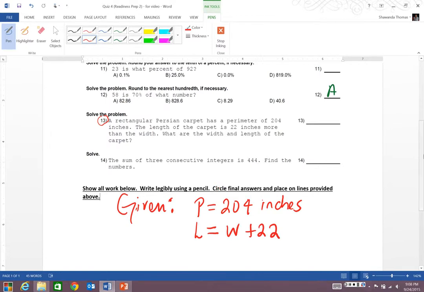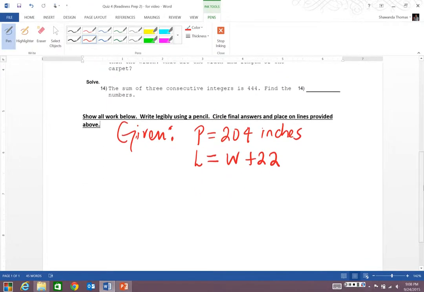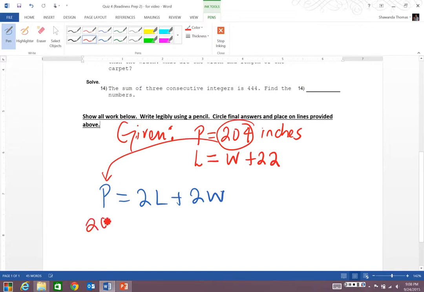Since that's all that was given to us, let's plug this information into our formula. Our formula again is P equals 2L plus 2W. We know that P equals 204. We also know that L equals W plus 22.